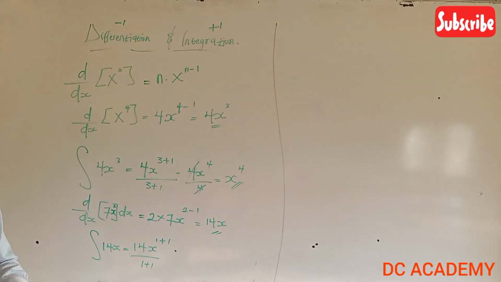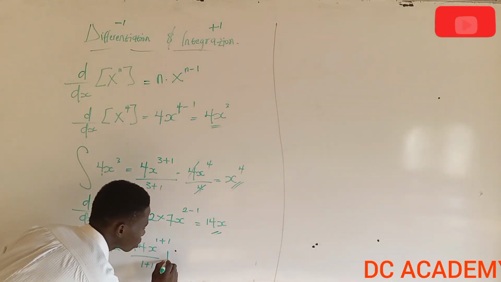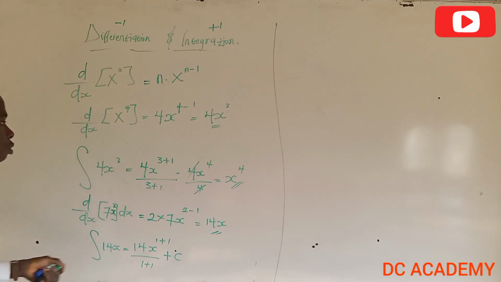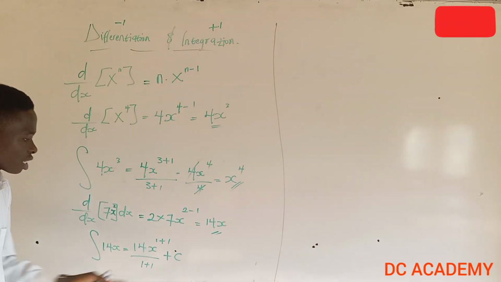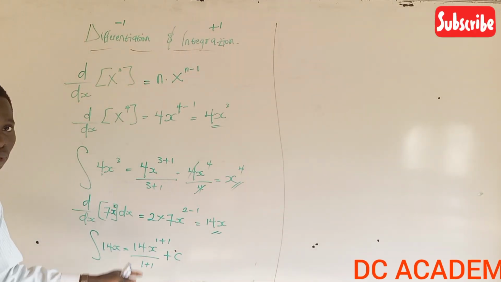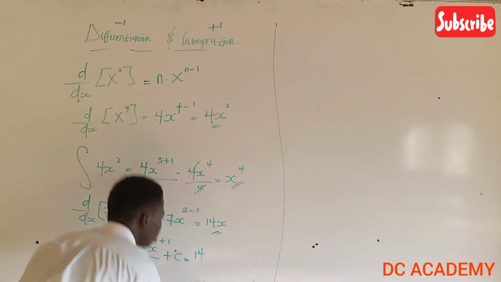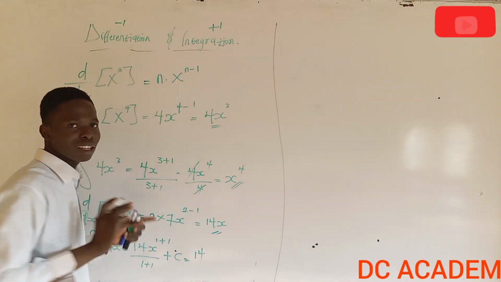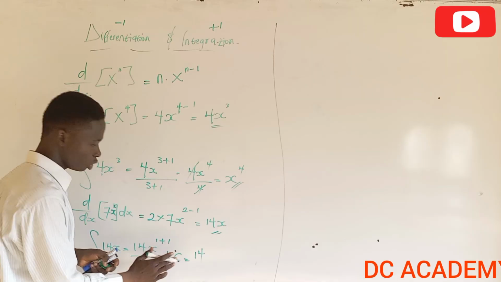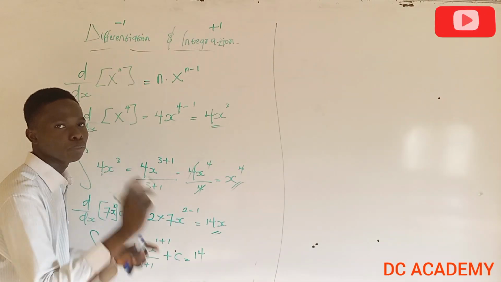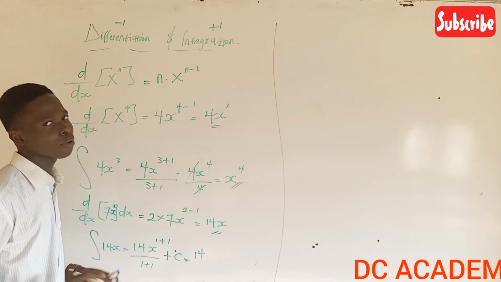We have a constant of integration, which is C. You can add it, a constant C. Let me add it for further emphasis. The plus C should not be disturbing you. If you feel it disturbing, just leave out the plus C. Once you get your answer, just come and add the constant, please, to avoid confusion.